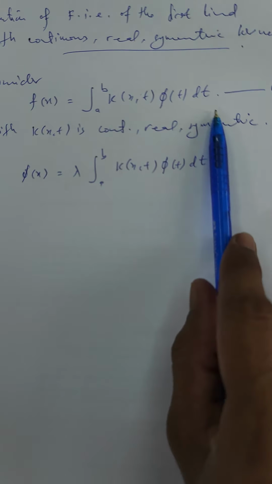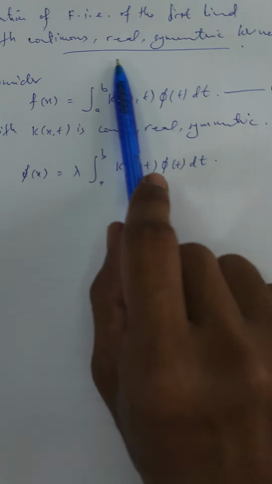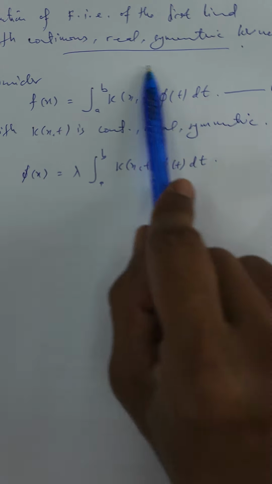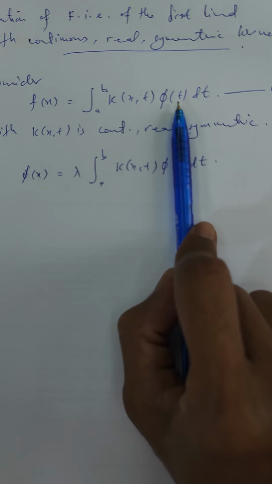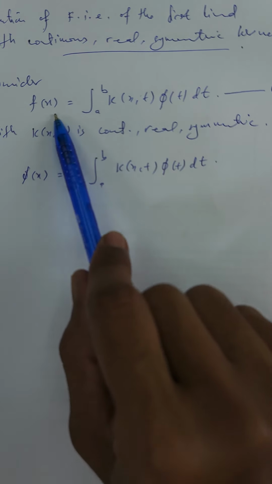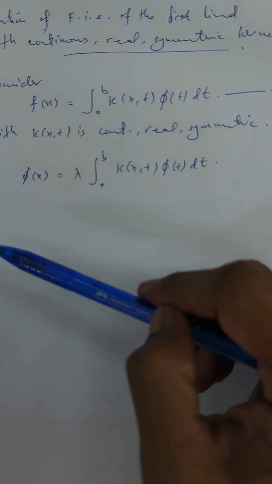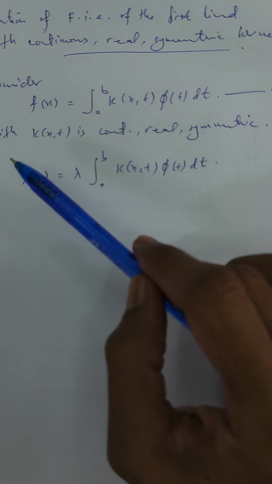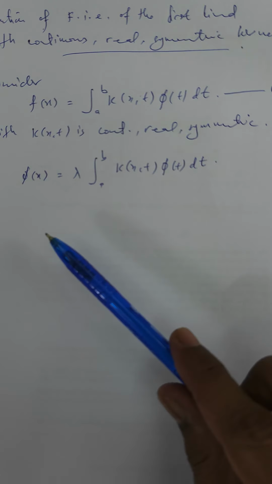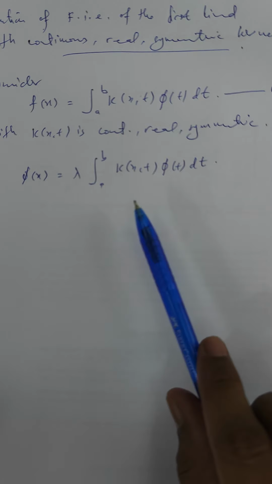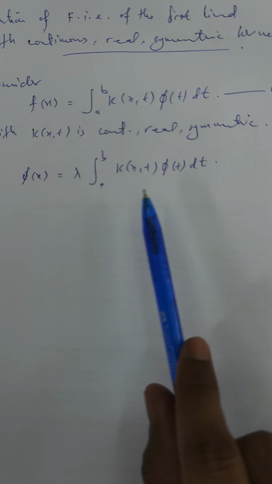Let me express that again: this equation has no continuous solution unless the function f(x) is expressed as a linear combination of the eigenfunctions corresponding to the associated homogeneous Fredholm integral equation of the second kind, which is that.